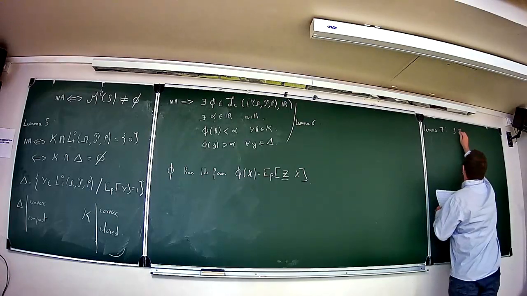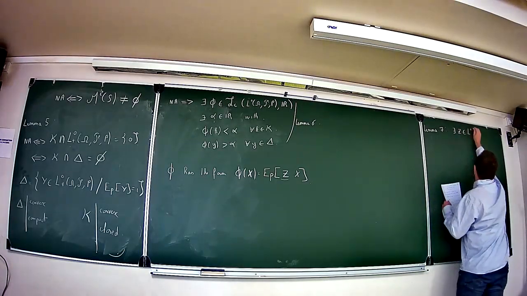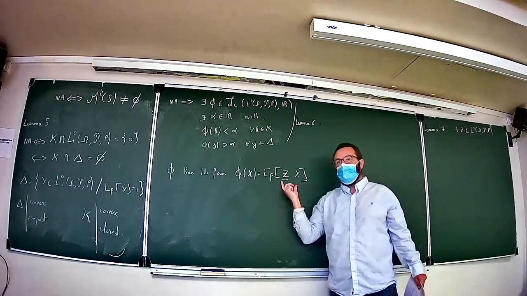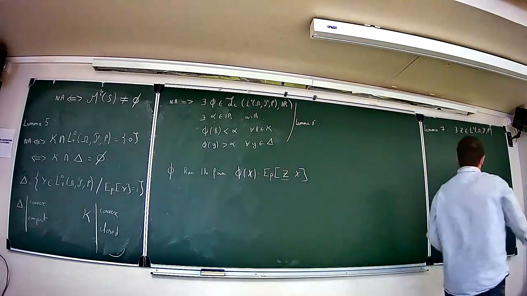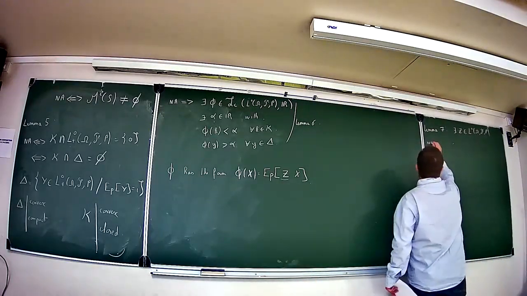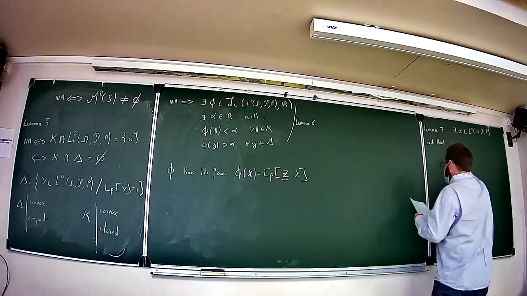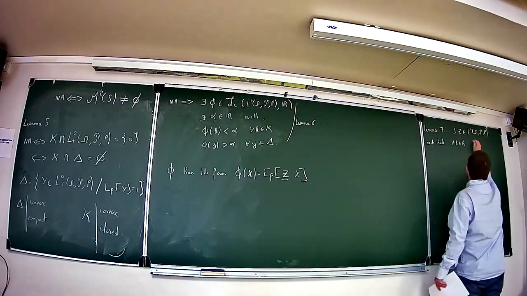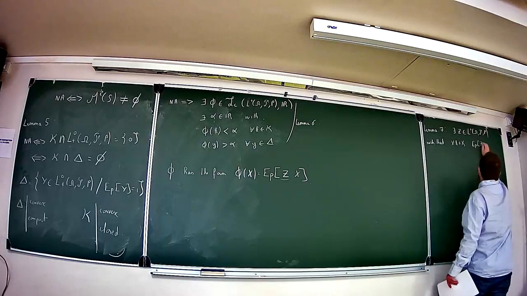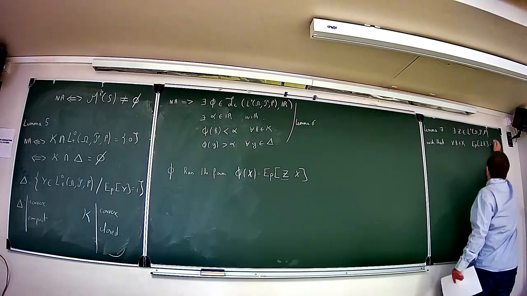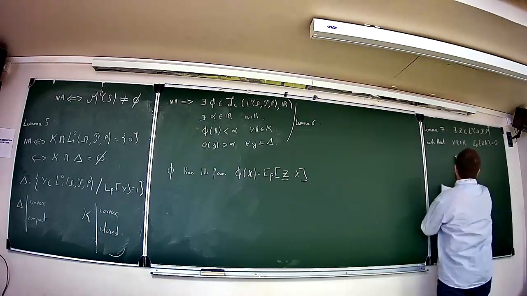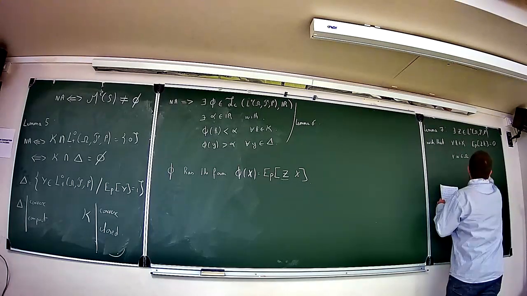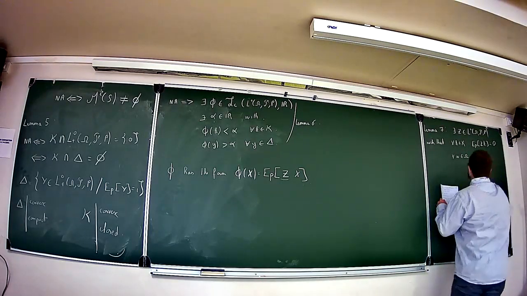There exists Z belonging to L0 of omega, F, P, that is the Z given by this expression here, such that for all k belonging to calligraphic K, the expectation under P of Z k is equal to 0, and for all omega belonging to Omega, Z of omega is strictly positive.